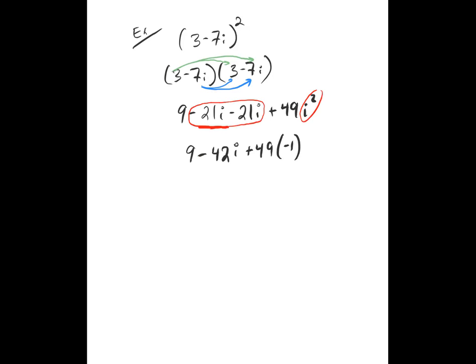And then we see that we can actually multiply that. So we get 9 minus 42i minus 49. And then we combine this one and that one.